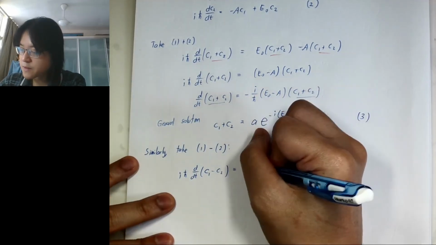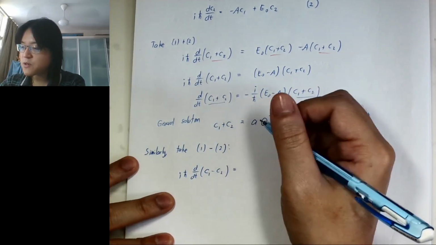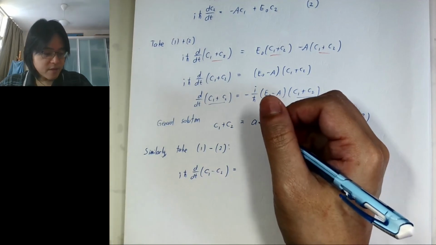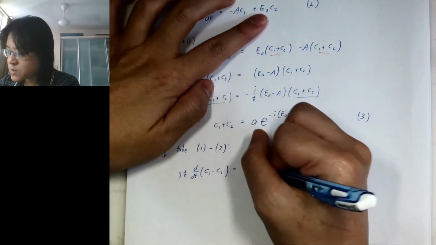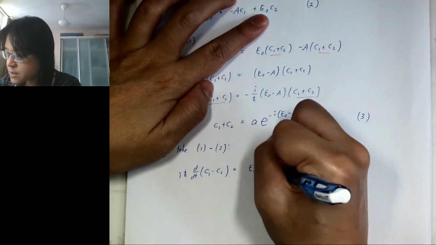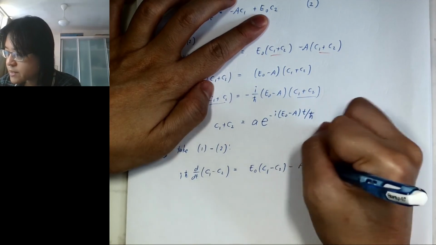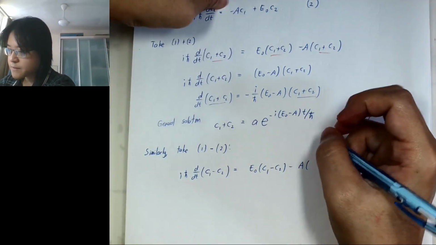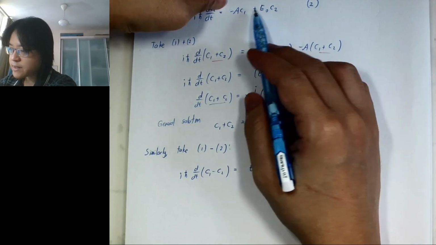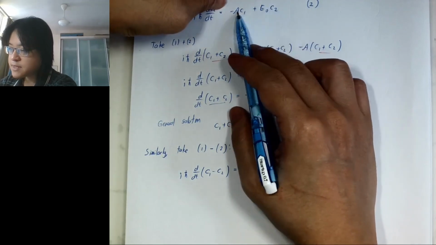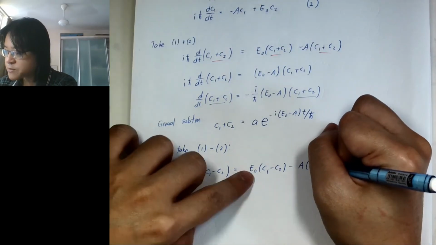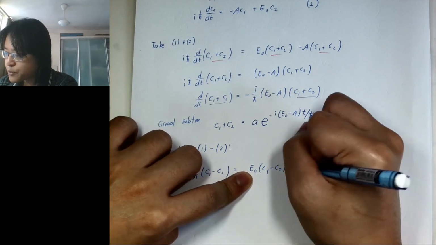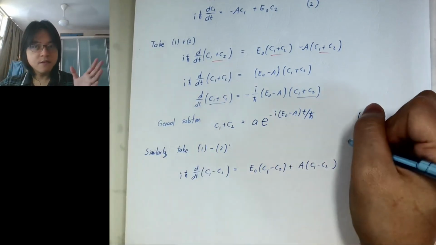So should I do all the steps? What time do we have? Yeah, let's just do all the steps. So I got E0 (C1 minus C2) minus A, minus A. So this minus this, but I want to keep C1 in front, so I pull out a negative sign. Okay?